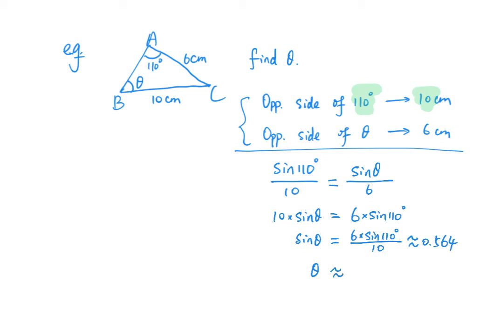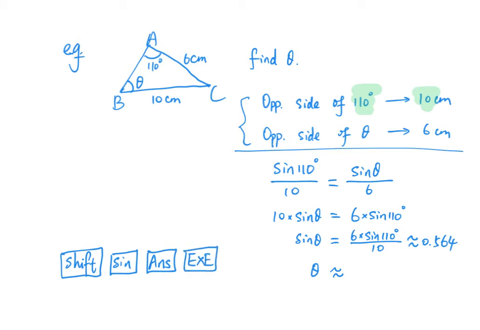Then we want to find the angle theta, so we need to use the calculator again by pressing the shift button, sine, the answer button and execute. Then we will get the answer for theta.